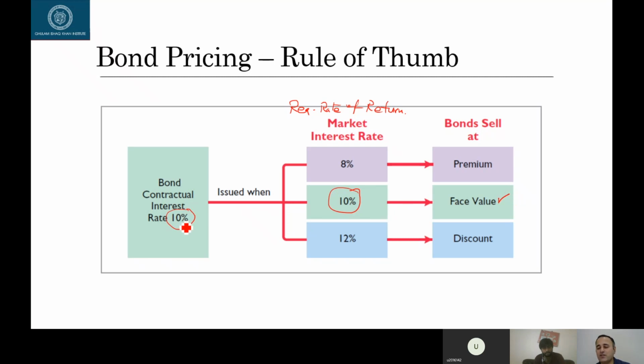But let's say the contractual rate is 10% and the required rate is 8%. So you'll pay a premium.